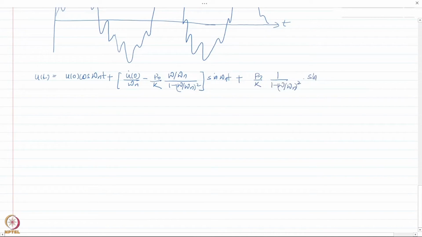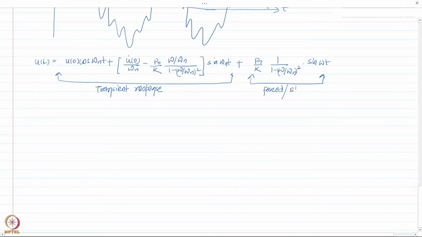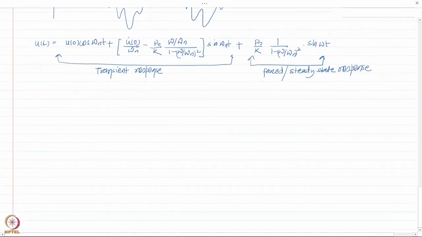As I said, the first terms are the transient response, and this last term is the forced response, or more commonly called the steady state response. These terms are better explained when we get into damped forced vibration.